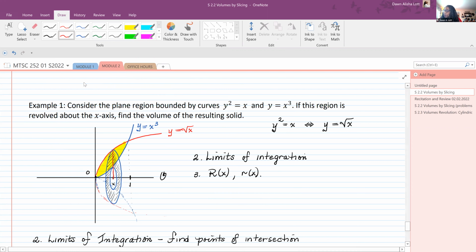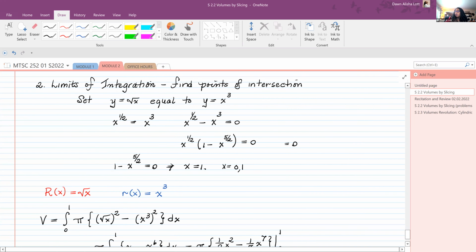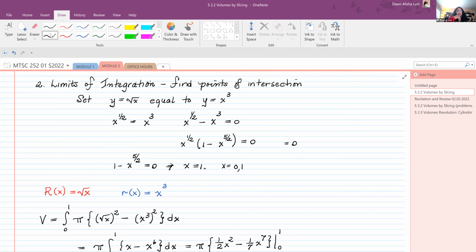And the little radius was the distance from here up to there. I'll give you a second to digest that. The integration on that problem was very easy.